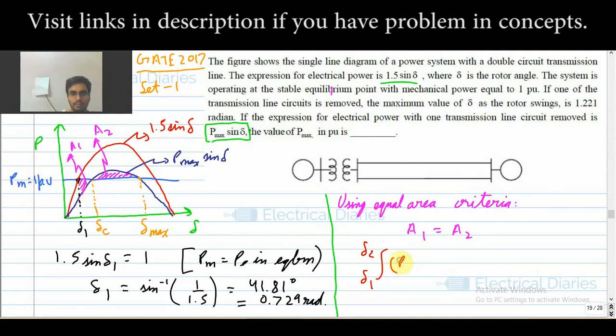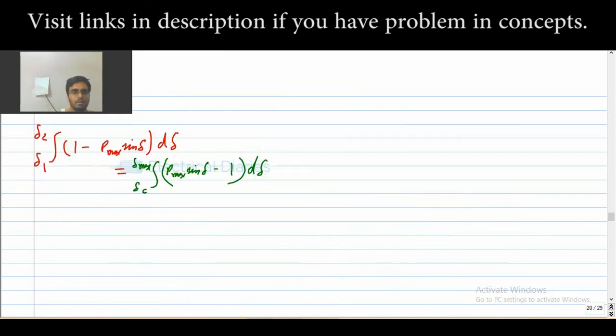So it will be Pm minus, or you can say 1 minus P max sin delta, into d delta, should be equal to this curve between P max sin delta and Pm, from delta C to delta max, P max sin delta minus 1.